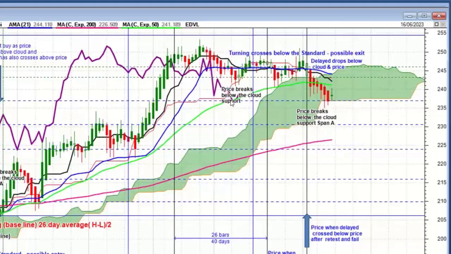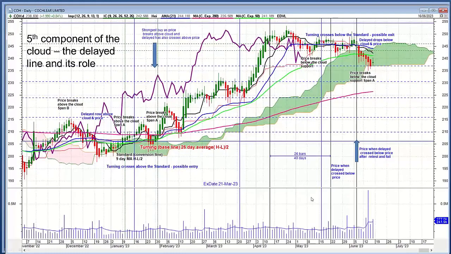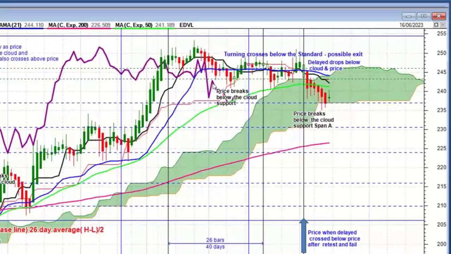As here, remembering that this is 26 places behind the actual price. So in this case, 26th of May, here, we had the first exit opportunity because the delayed has actually broken through here, retested the price area and fallen away. So the aggressive trader could have got out here.